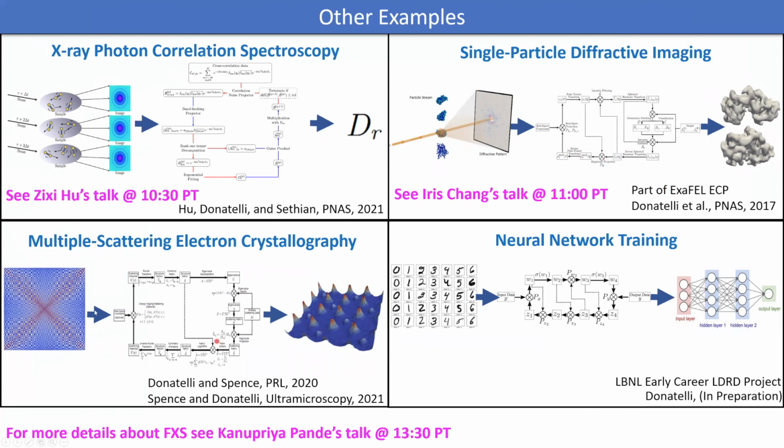We also did a recent project with John Spence on using some kind of MTIP-based scheme to invert data from multiple scattering electron crystallography. And I've also been playing around with using MTIP to try to come up with a better, more efficient way to train neural networks as well. And again, if you'd like to learn more details about the fluctuation scattering stuff that I talked about before, then please see Kinapura Pandey's talk later today at 1:30 Pacific.